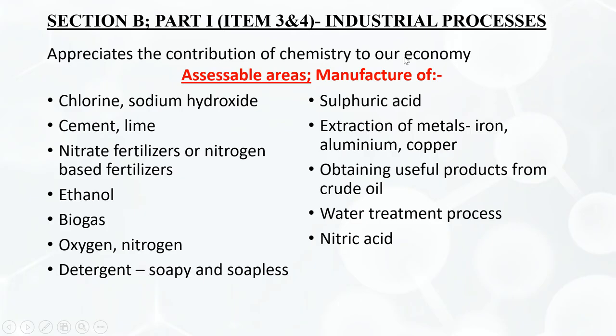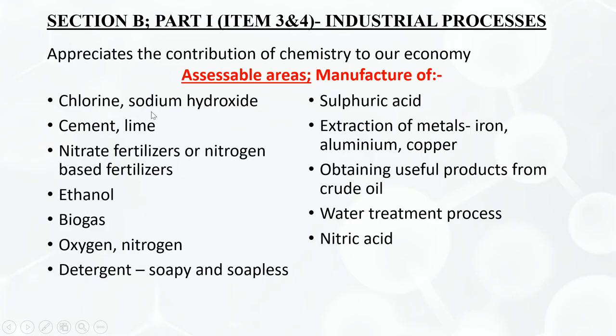Any production process that you have done falls under this part. Don't forget, in senior 1 we looked at oxygen, water treatment, and separation of air components. You see, in senior 1 we have around 3 production or industrial processes.